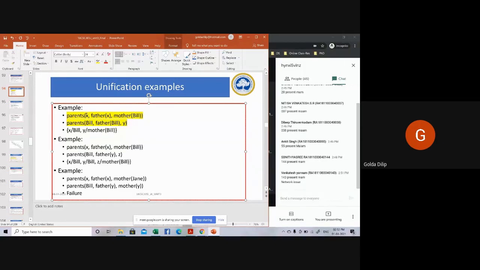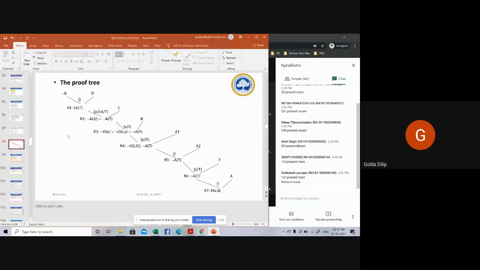Then we have another one, parents of Bill comma father of Bill comma y. So our x can be unified with Bill. In the sense, x is replaced with Bill, and that is represented this way: x slash Bill. When you draw the tree, you can see here a slash j, b slash t. This is the unification happening here.